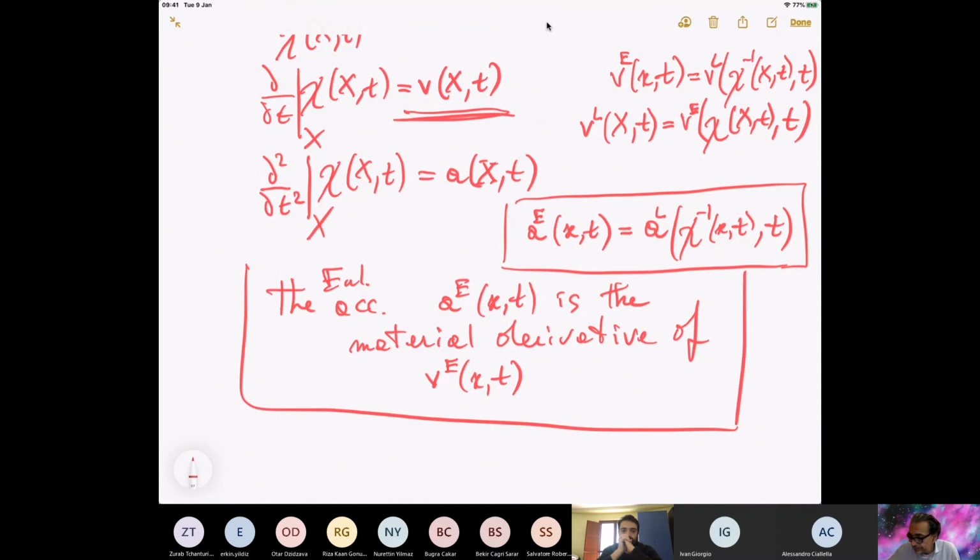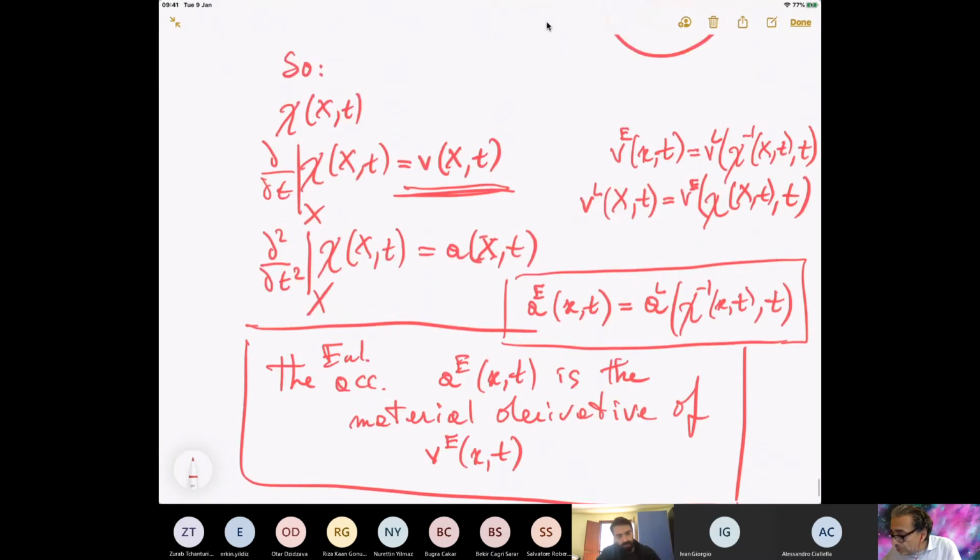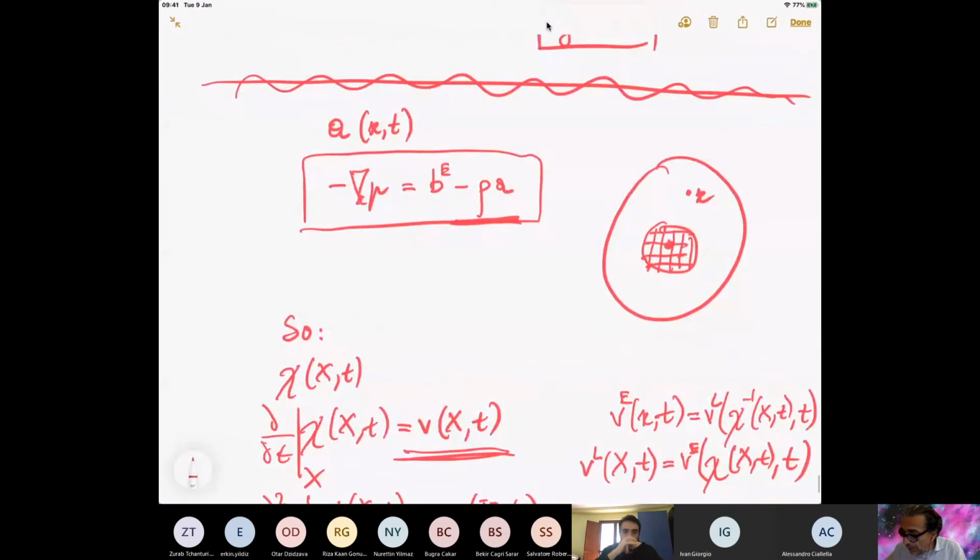Okay. So if we write this equation, then we write p as a constitutive function of rho.